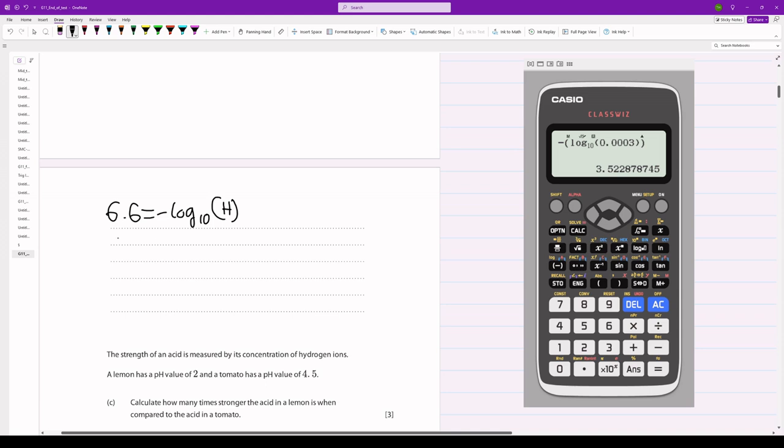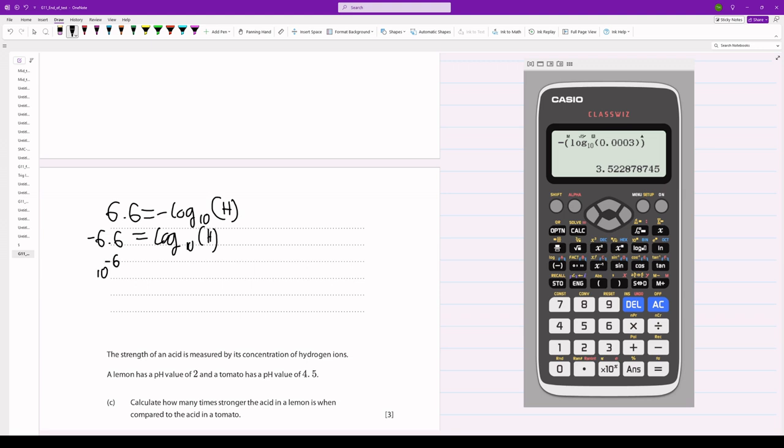So the thing I like to do, first thing to note, I can't change around this log until that negative's gone. There's no rule that connects anything to having a number or even a negative on the outside of a log. So, you have to move it. So either you can move it to this side, negative 6.6 is equal to log base 10 of H. And now I can undo the log.